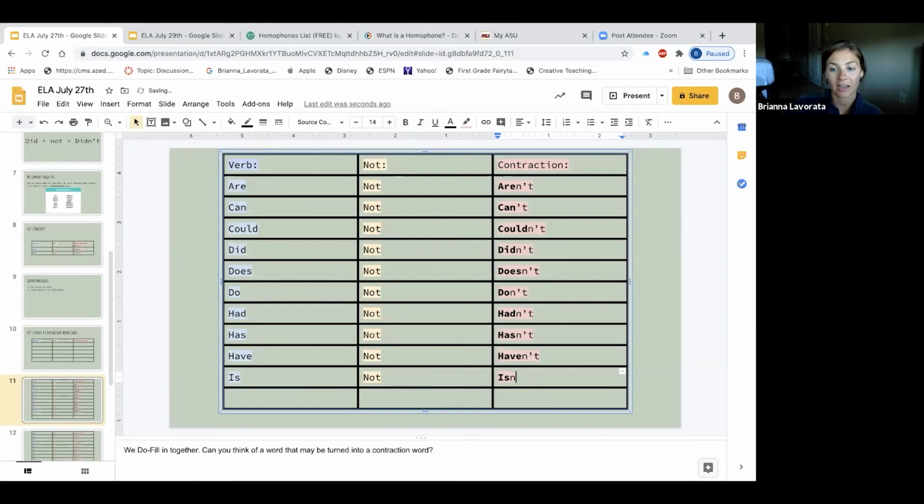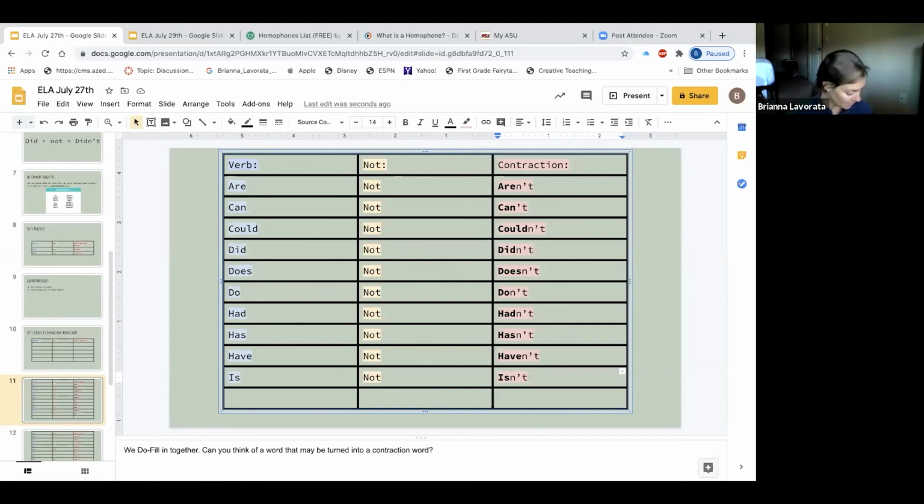Is, put our N. We want to always remember our apostrophe to let everyone know we are taking away some letters, right? We are taking away the O in this. Isn't, right? Our word is not becomes isn't.